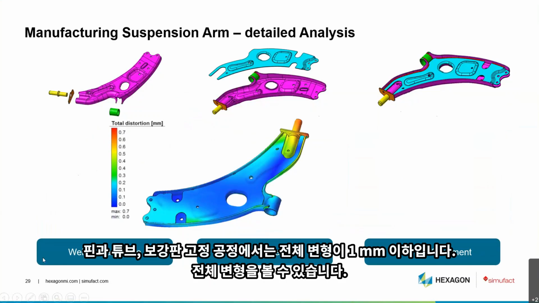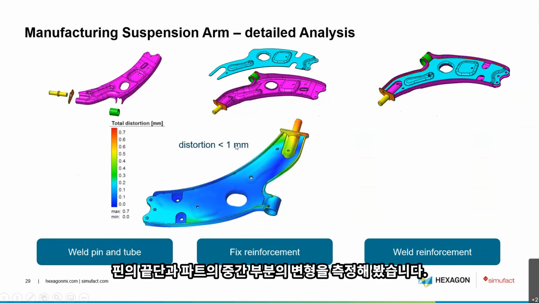To weld the pin and the tube and to fix the reinforcement plate leads to a total distortion below 1 millimeter. And I measure total distortion as the deviation of the displacement between the position here at the tip of the pin and here in the center of the cast part.